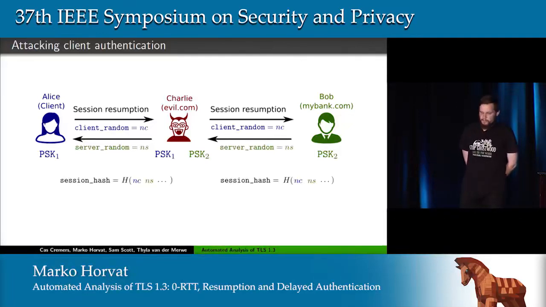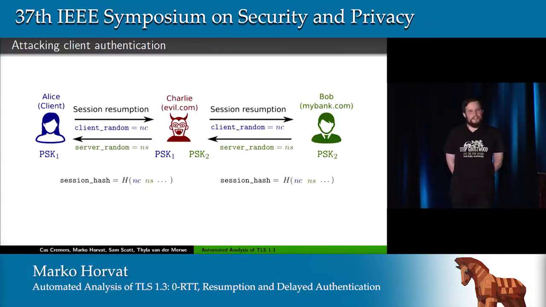So you might have noticed the session hash values in the bottom there that are filling up. The session hash is basically a hash of a partial transcript in a session. So in this particular case, it has NC and NS. However, these have been made the same in both sessions.